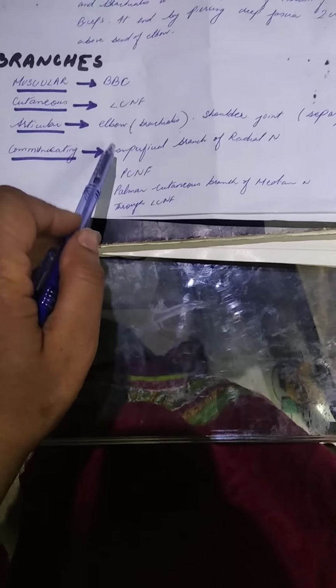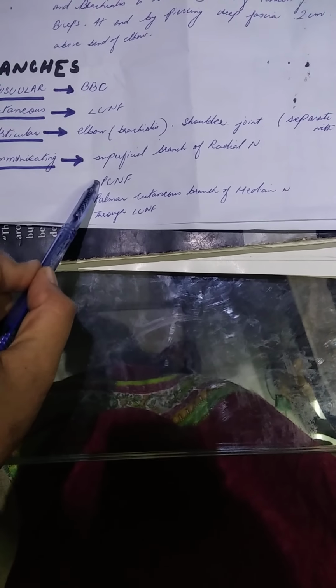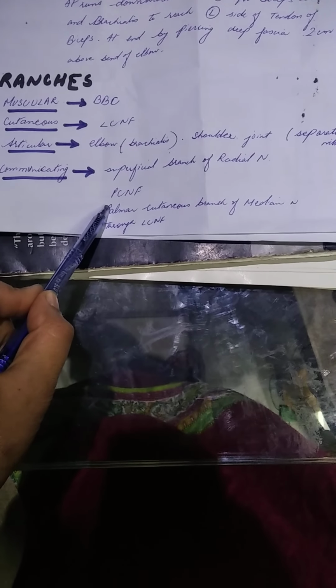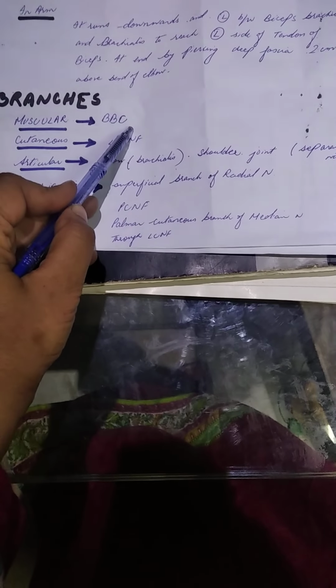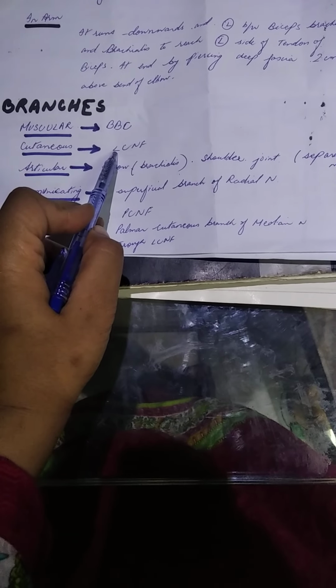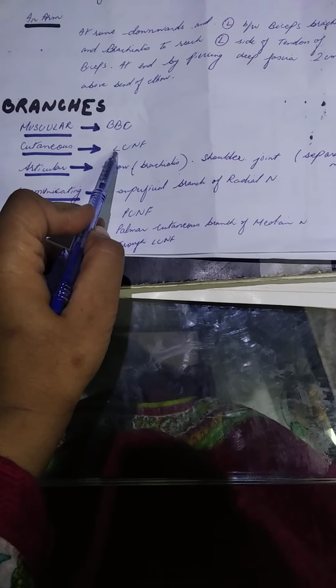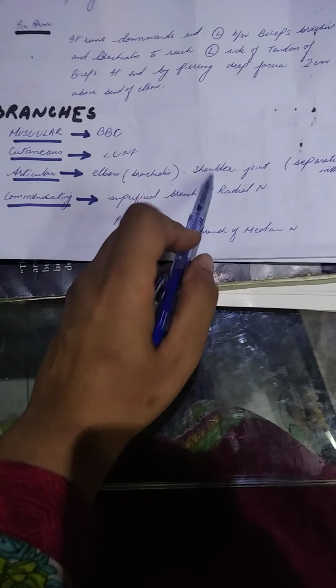So it also has communicating branches, which communicate with the superficial branch of radial nerve, the posterior cutaneous nerve of forearm, and the palmar cutaneous branch of the median nerve through lateral cutaneous nerve of forearm. So remember, it has muscular branches which supply the biceps brachii, brachialis and coracobrachialis; cutaneous branch, which is the lateral cutaneous nerve of forearm, which supplies the lateral side of forearm; articular branches to the elbow joint and to the shoulder joint.